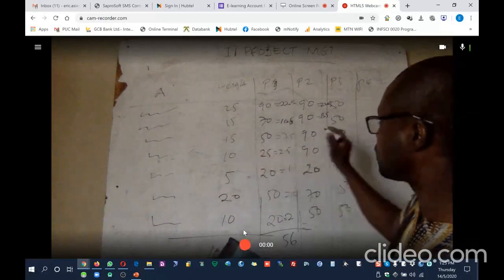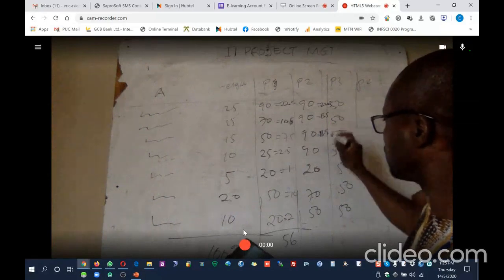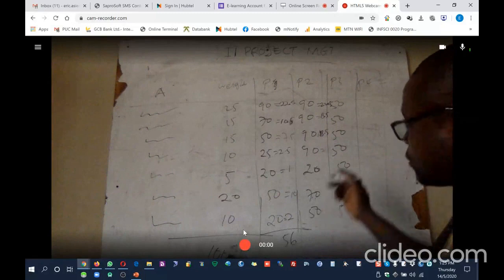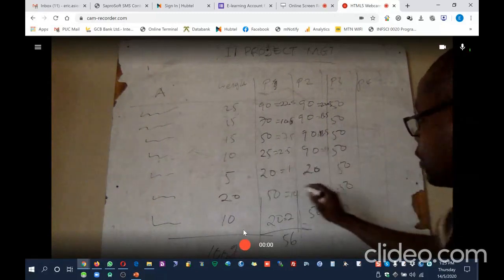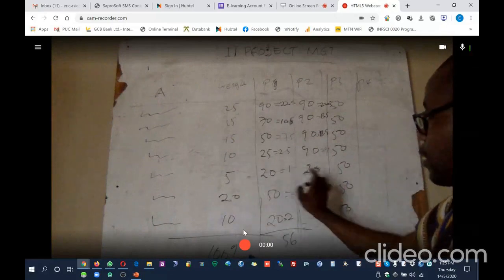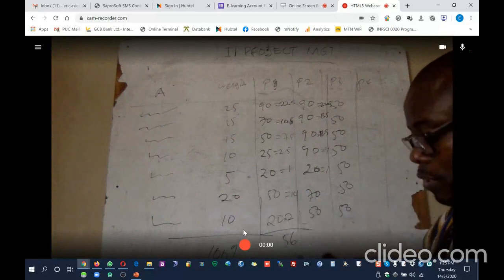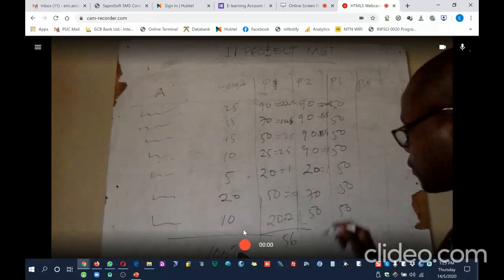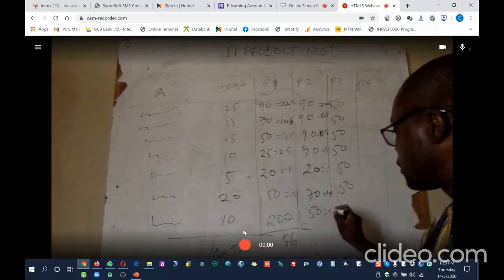Then 90% of that also is the same, 13.5. Then 90% of 10 is 9. Then for 5, we saw this calculation, 20% is equal to 1. And here 70% of 20 becomes 0.2 times 70%, which is 14. Then this is 50% of that, which is 5.